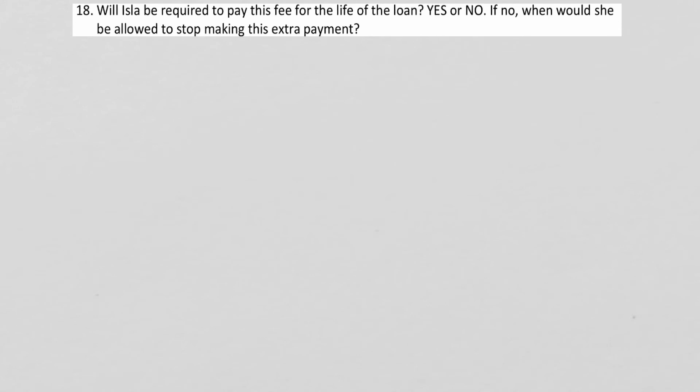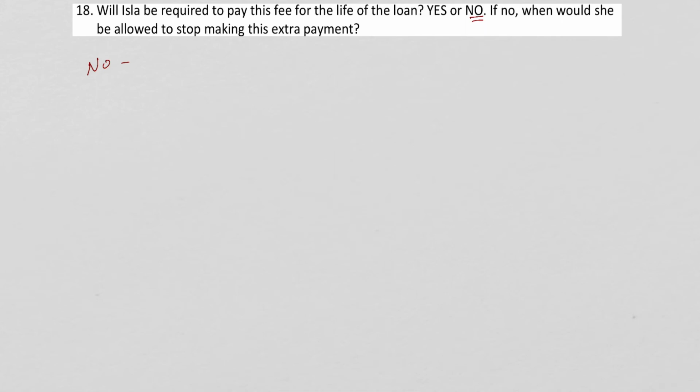Is Isla required to pay this over the life of the loan? The answer is no. The rule is a little bit complicated, but basically when the loan to value comes down enough, the mortgage insurance gets removed. The actual law is that you can ask for the private mortgage insurance to be removed when the loan to value drops below 80% of the appraised value.